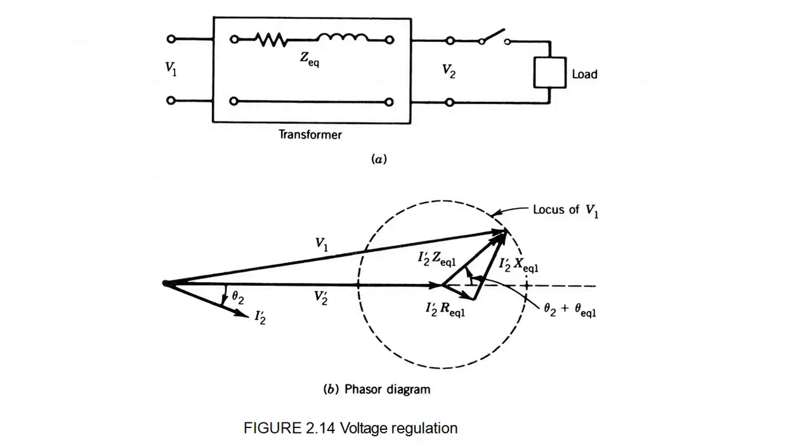The diagram is represented for the input side V1, then Z equivalent means the transformer parameters, resistance and reactance. Then the V2 side means the secondary voltage side, and another one is the load. Then V2 dash is referred from secondary to primary, I2 is the current, and the impedance diagram is represented, with supply voltage V1, V2 lagging the current I2, and V1 lagging the current I1.